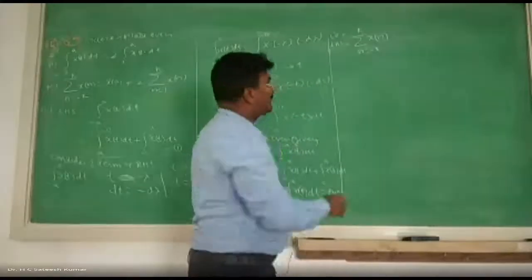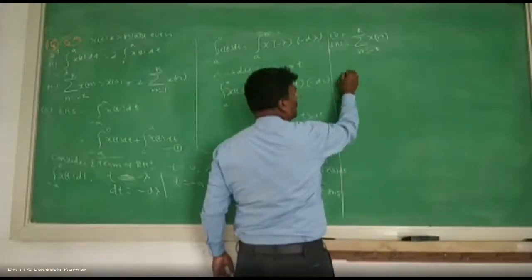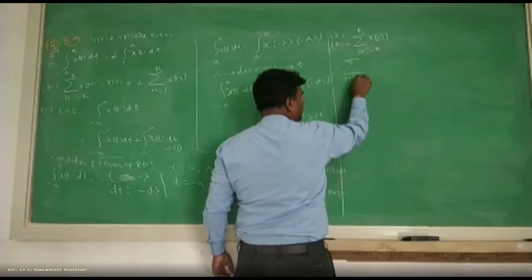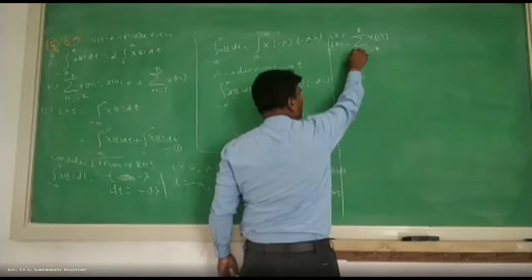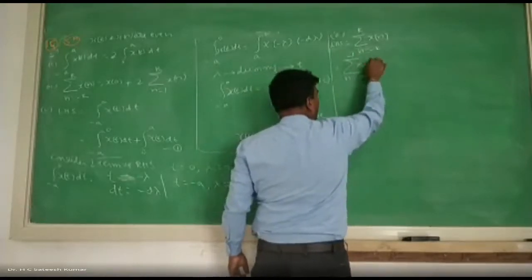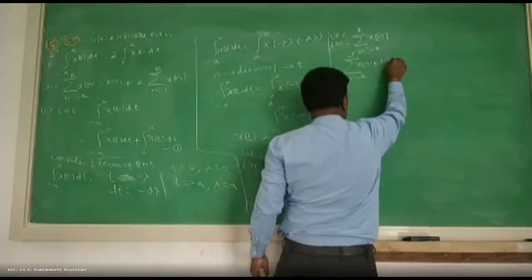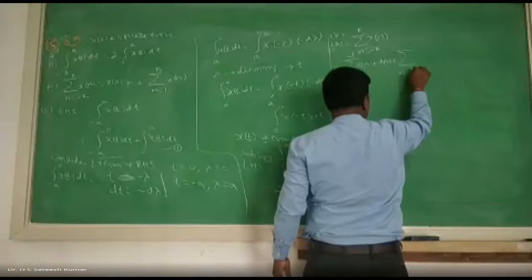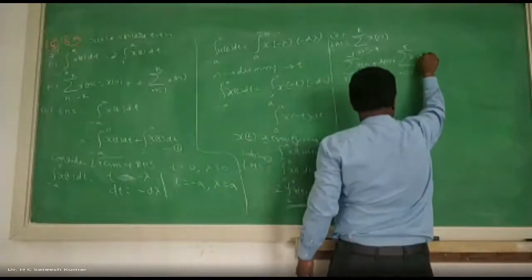This can be split into summation n varies from minus k to minus 1 of x of n, plus x of 0, plus summation n varies from 1 to k of x of n.